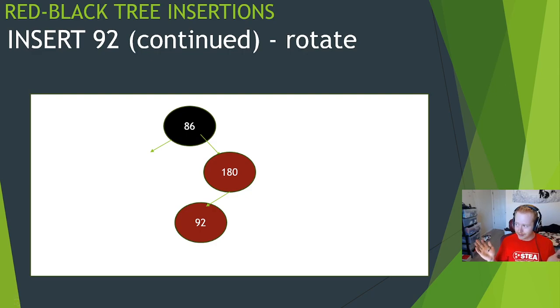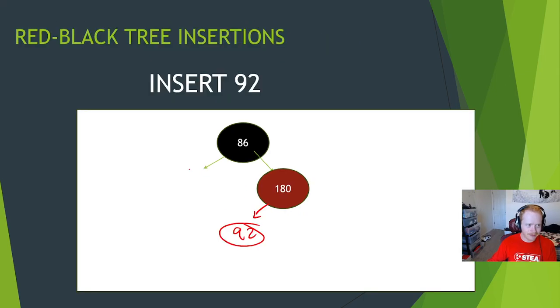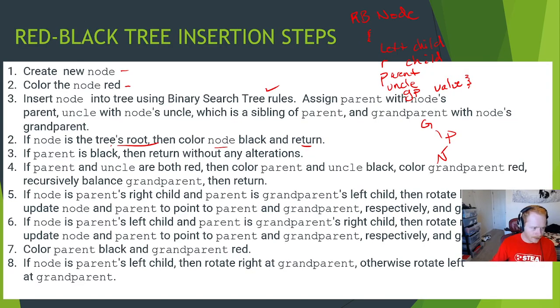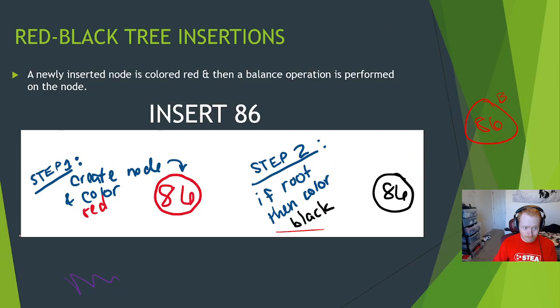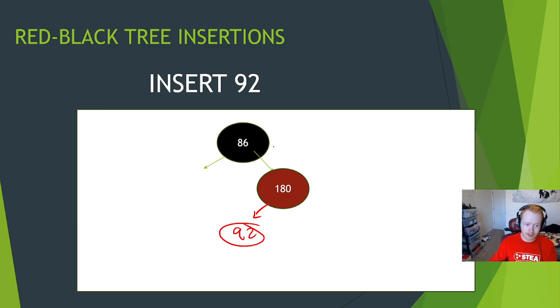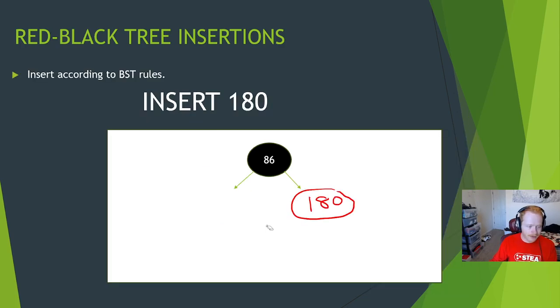Now we need to rotate. So we are going to, this is rule, I want to say 6. Yeah, because we have an elbow basically in our graph tree.